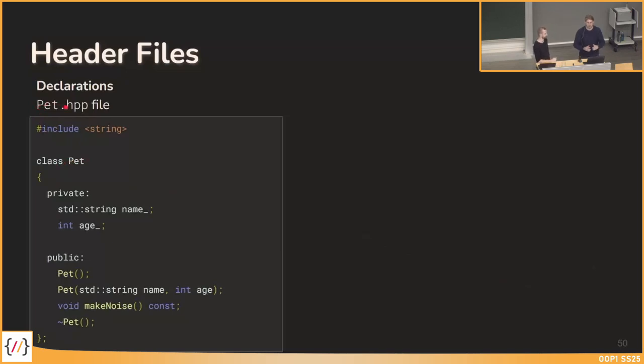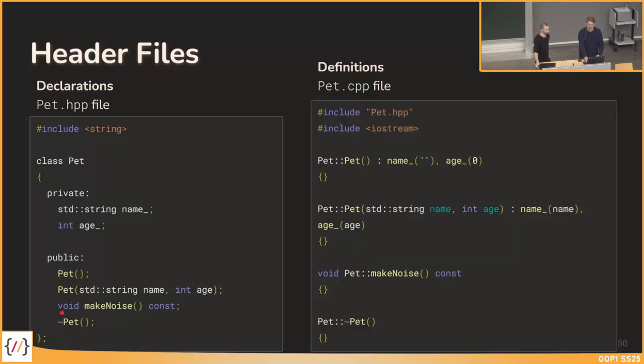And we can just declare our class here, declare all of our private members, all of the public functions, so any constructors, any methods we want to use, any destructors, but we do not implement them here really. So this is really just a declaration of these functions, and we can then implement them. The definitions can then be in the CPP file, so in the implementation file.